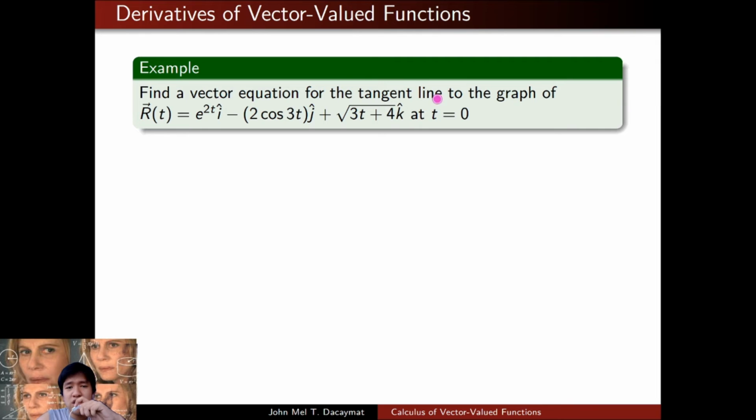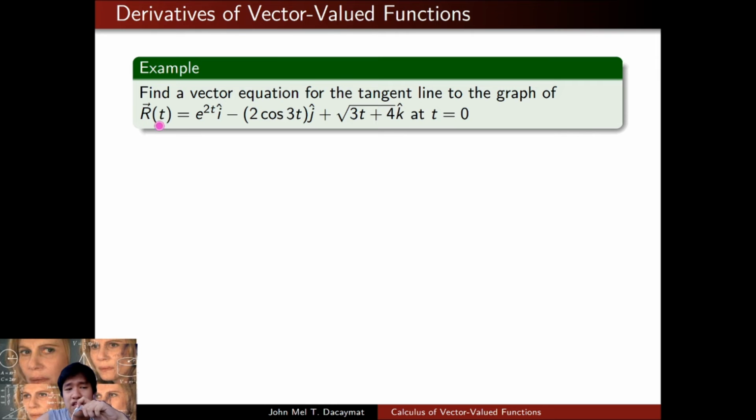Again, recall natin, you need two things to establish the vector equation of the tangent line. You need a point in your line and a direction vector for your line.